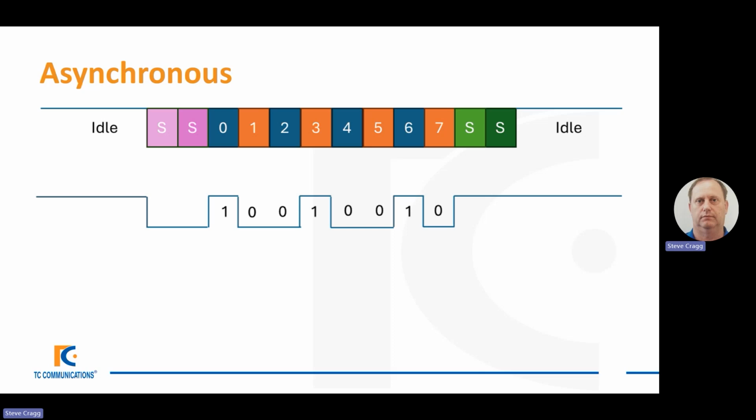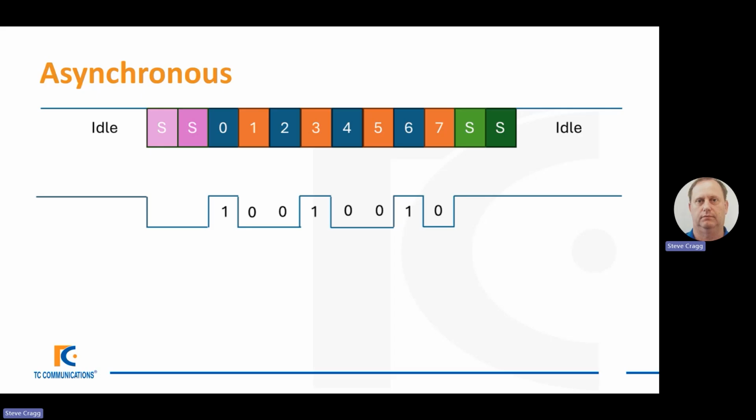Also, you don't know when the transmitting device is about to start transmitting data. So it is hard to work out how to sample the incoming data to make sure that you are sampling at the right time to determine whether it is actually a 1 or a 0 that's being sent.